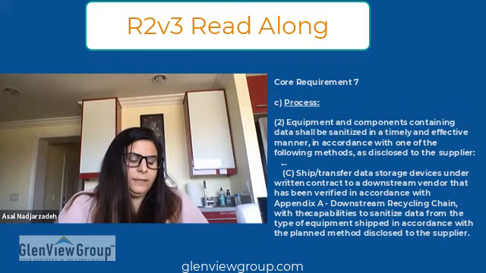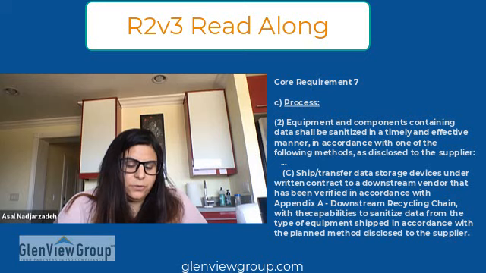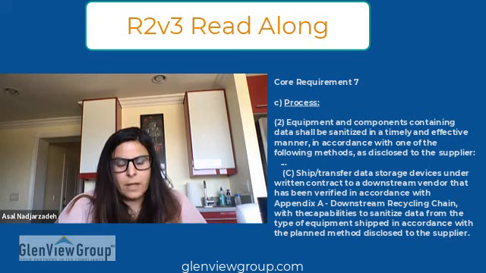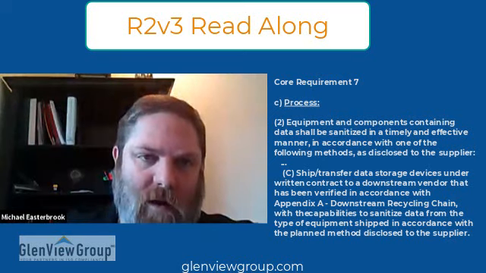And C states that the third option is to ship/transfer data storage devices under written contract to a downstream vendor that has been verified in accordance with Appendix A downstream recycling chain, with the capabilities to sanitize data from the type of equipment shipped in accordance with the planned method disclosed to the supplier. So those are the three options that you have, right?